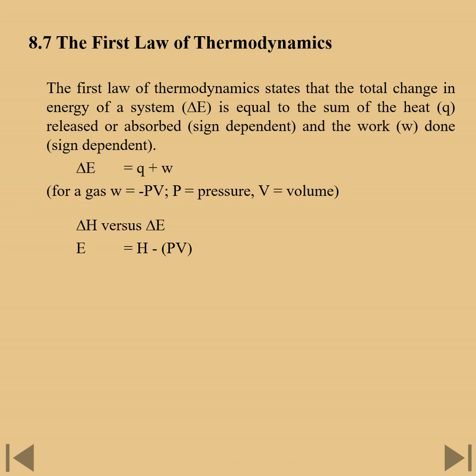And so that's the relationship between the change in enthalpy and the change in energy. We might rearrange this to get H is equal to E plus PV. And again, normally we're interested in a delta, the change. And so delta H is equal to delta E plus delta PV.